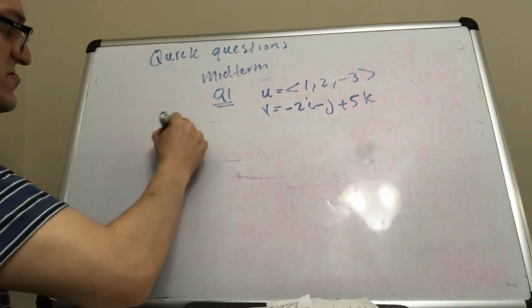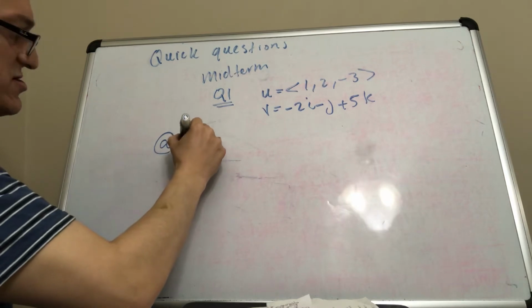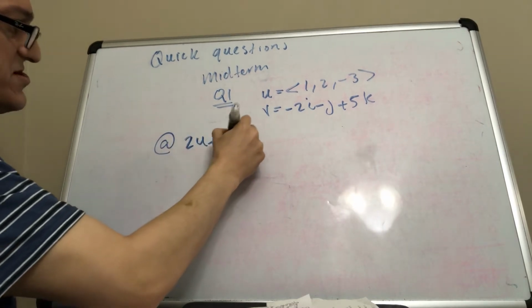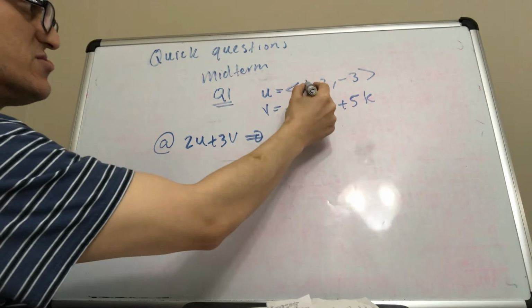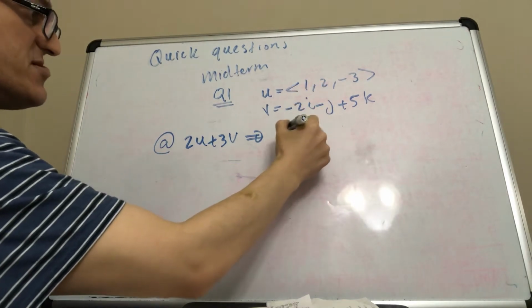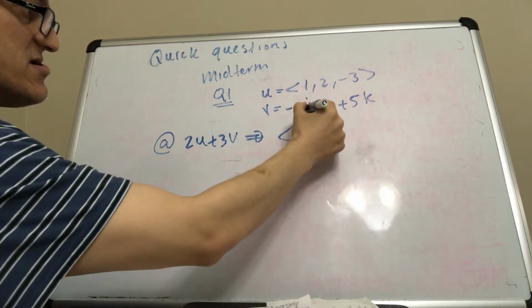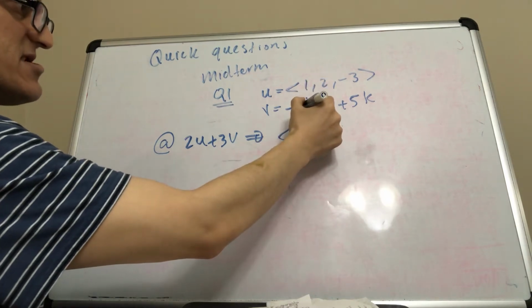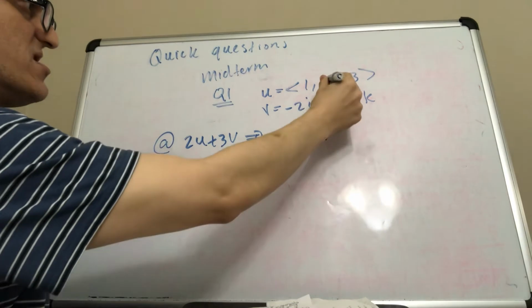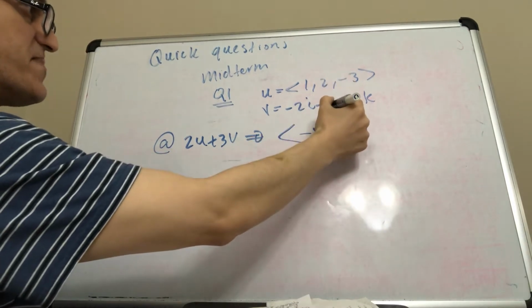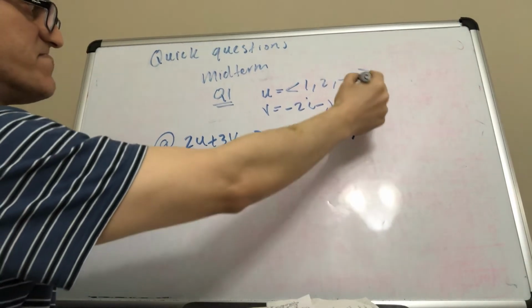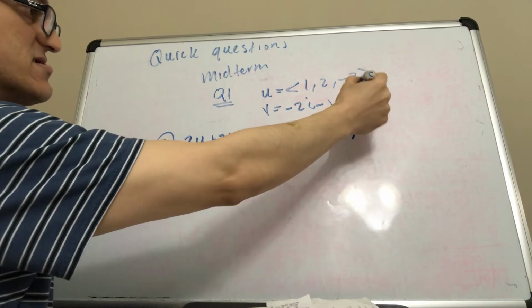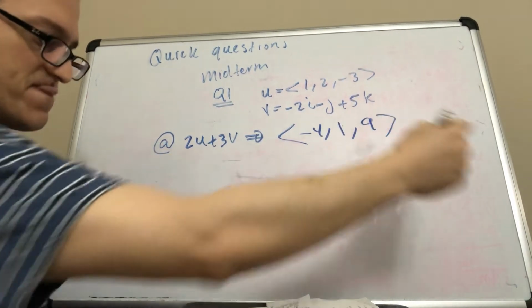And then they tell you find 2u plus 3v. 2 of this plus 3 of this. You can just say 2 times this is 2, and 3 times negative 6, so minus 4. 2 times this is 4, and 3 times this, so that's 1. 2 times this is minus 6, plus 15, 9.